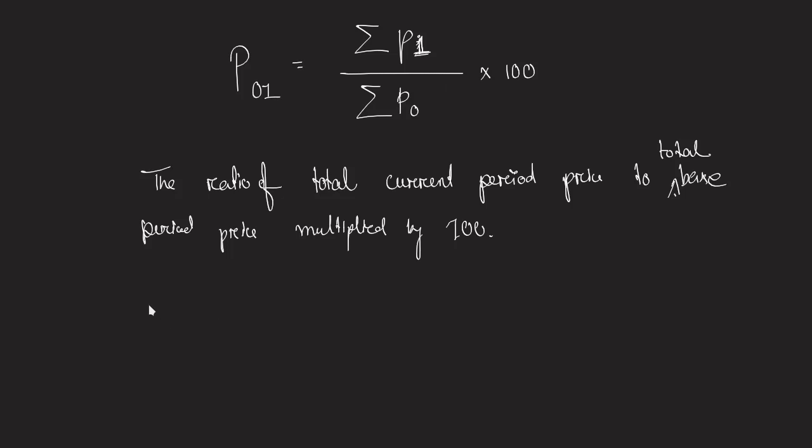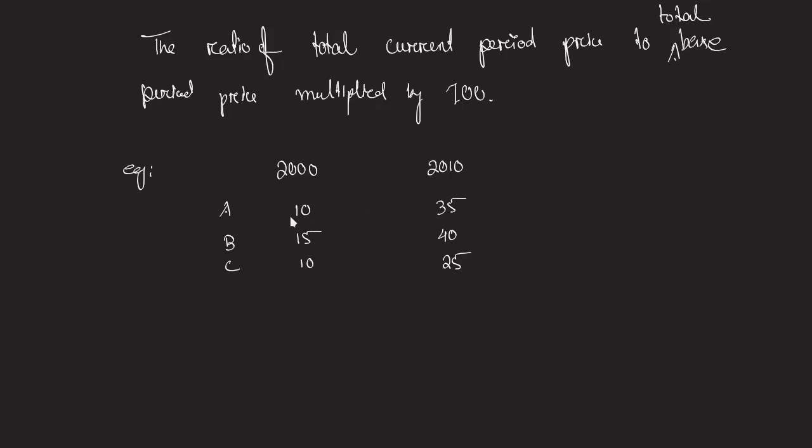Let's give a small example. Let's say 2000 is the base period, 2010 is the current period, and there are 3 commodities A, B and C. Base year price is 10, 15, 10. Current year price is 35, 40, and 25, say. So these are prices, right? So এইটুক আমি total কৰিম. So this will be 35 and this will be 100, right?